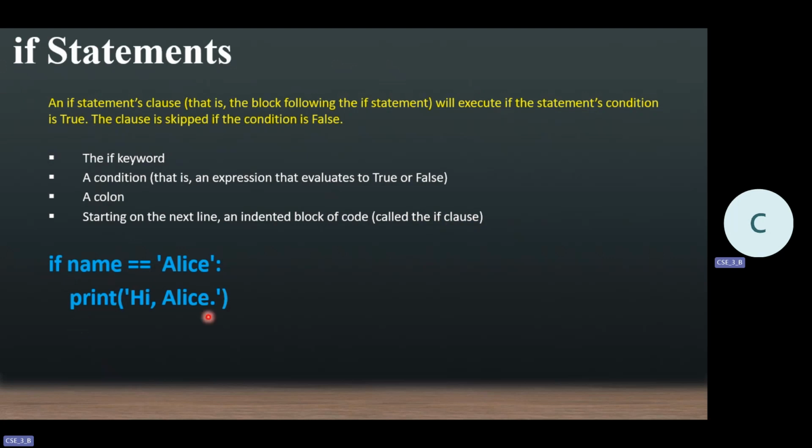Now if we add another statement here, all the statements under the if block get executed if this condition becomes true. For example, if the name we have stored is equal to Alice, then we are going to print this.